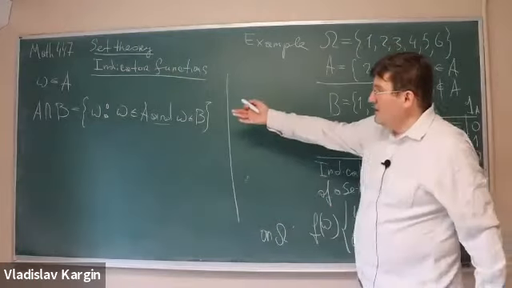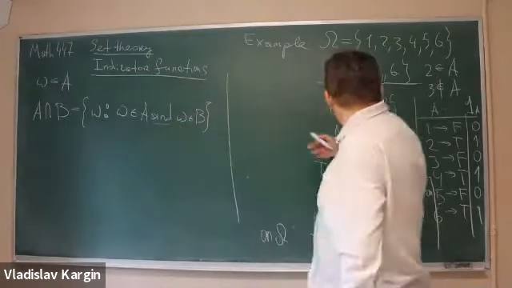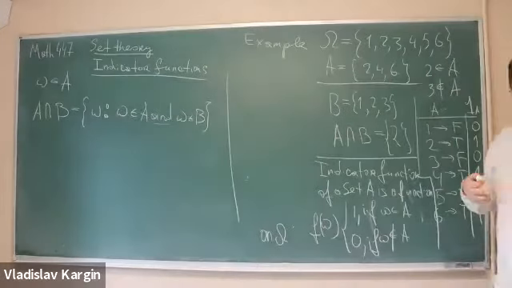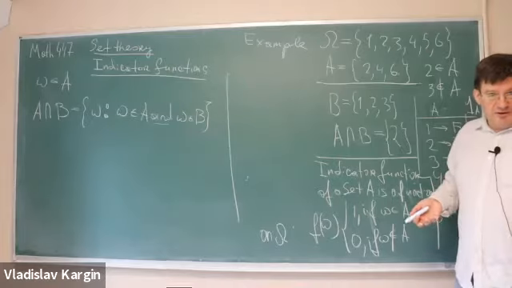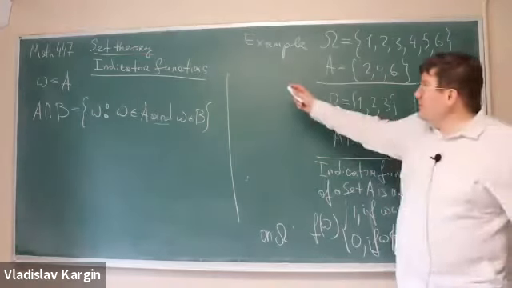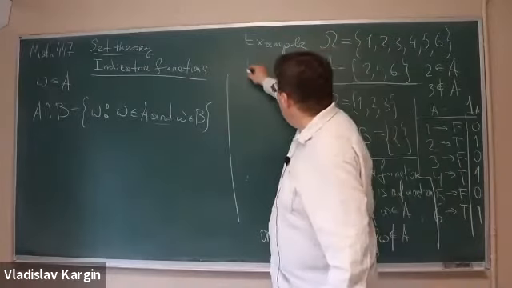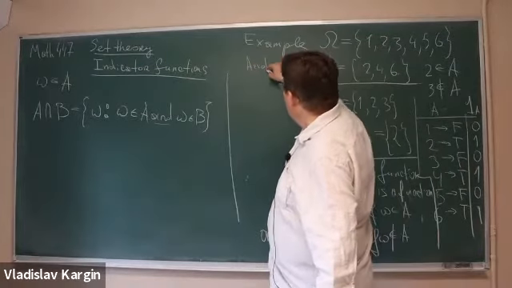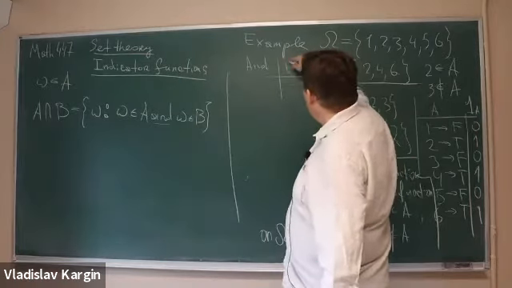AND means AND, of course, but this is mathematics, part of mathematical logic, formal logic. In formal logic, AND is an operation which works like this. So you have a true-false table.